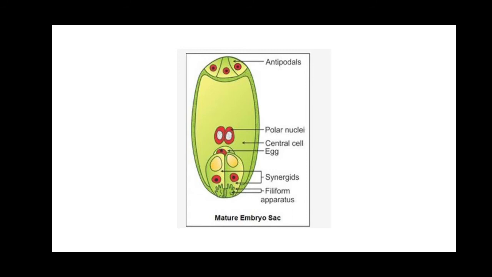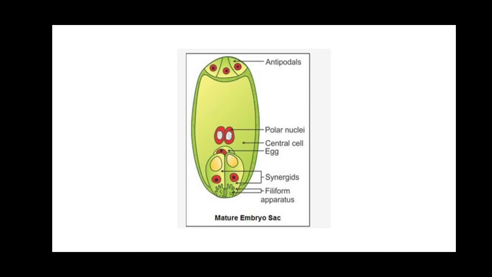The synergids are just like nurse cells for the egg. They nurture and help in the maintenance and sustenance of this particular cell, and later on are also the site through which the male gamete will enter the ovule.